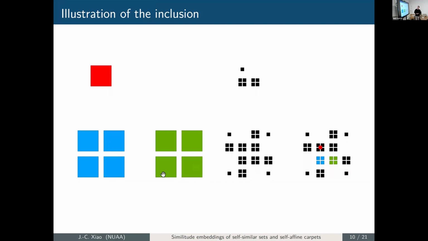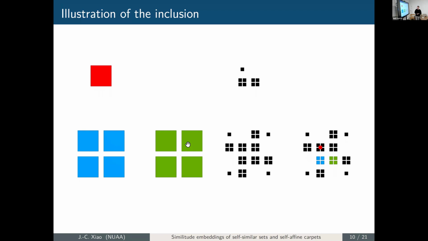So let us do some colorful things. If we color this island red, this left corner part blue, and this right corner part green, then here is an illustration of the embedding. The embedding will map the whole blue part here, and not only do the squares coincide, but the Cantor sets inside them are exactly the same.